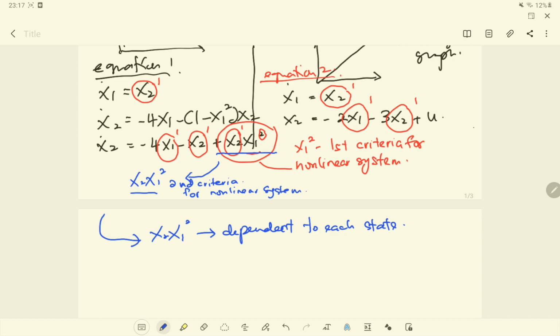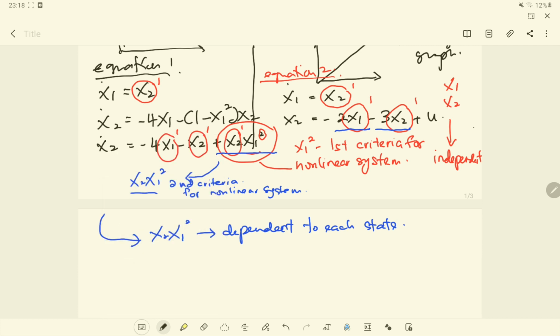While if you look at equation 2, here is negative 2x1 and negative 3x2, both states x1 and x2 are independent, or standalone.